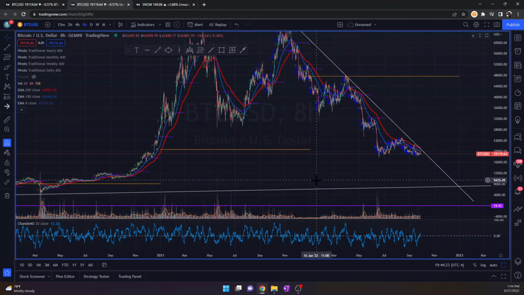If we look back here, over on this side of the chart, I was trying to make the chart smaller so that you can see where there is historical resistance and support. And there seems to be a lot of it around here, around 11,000, 10,000.